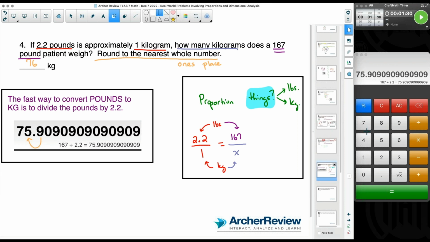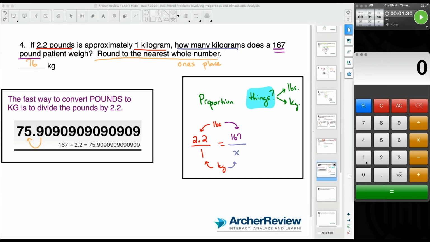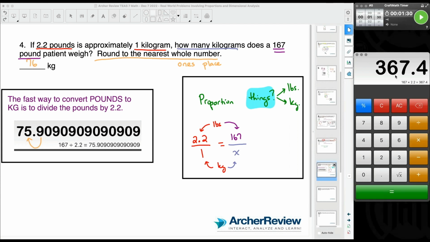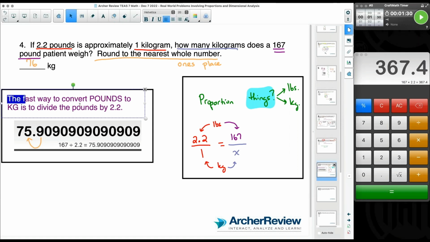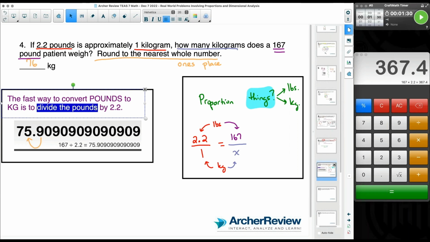Now, had you multiplied by 2.2, if you take 167 times 2.2, I did see this answer popping up. Some of y'all put in 367 or 367.4. That is incorrect. That's not how you convert pounds to kilograms. Pounds to kilograms, you want to divide the pounds by 2.2. Do not multiply.